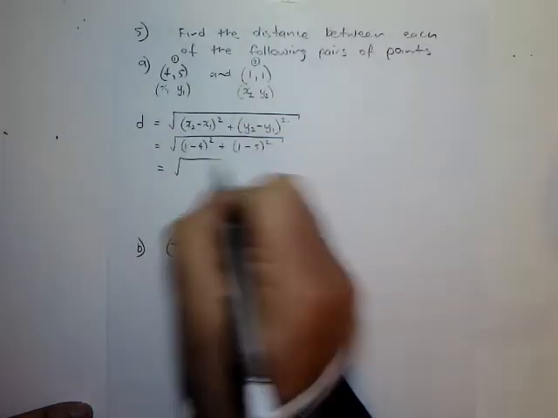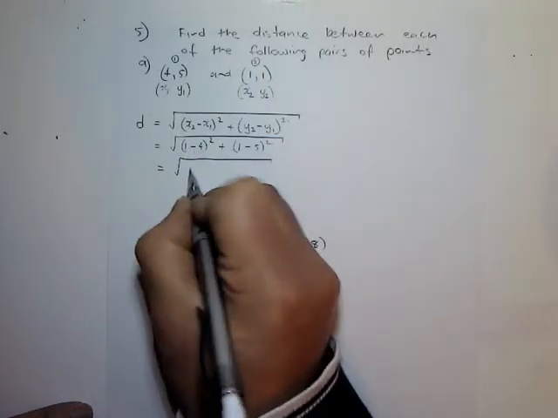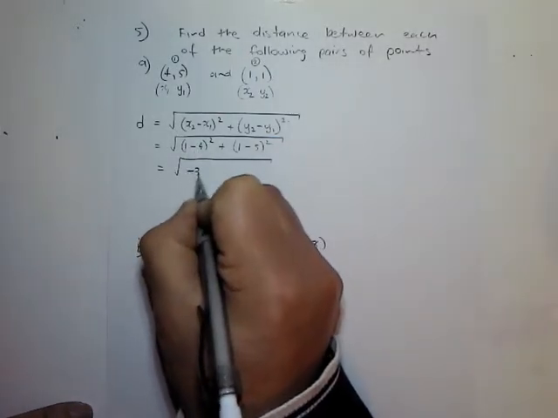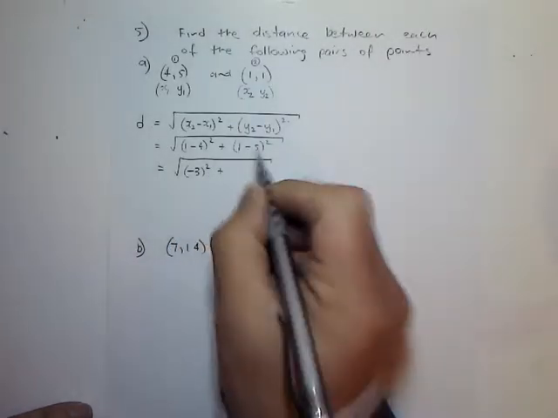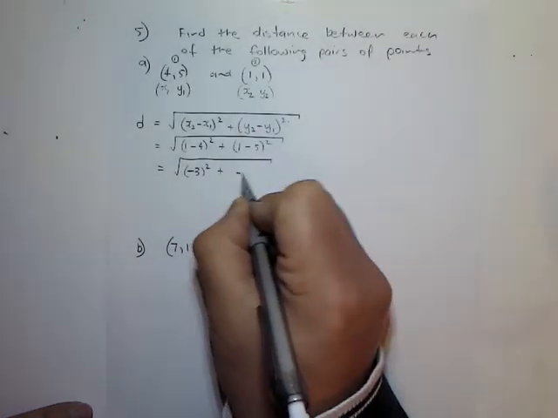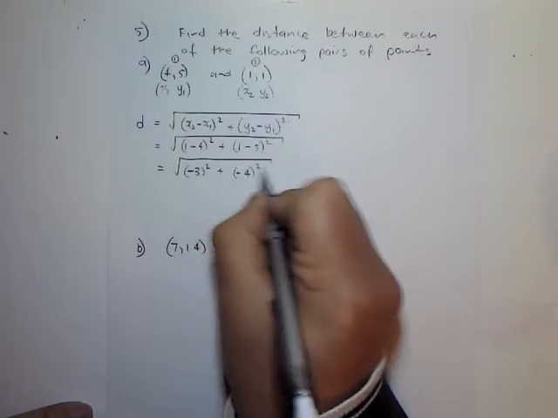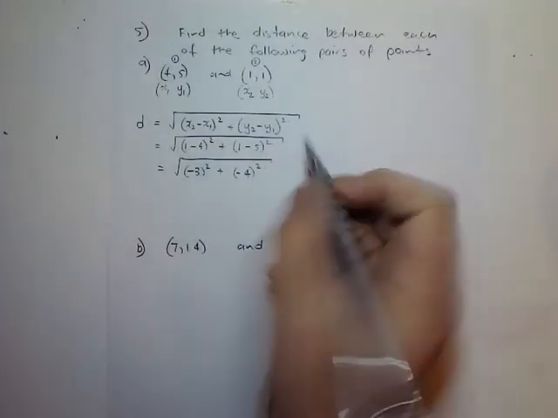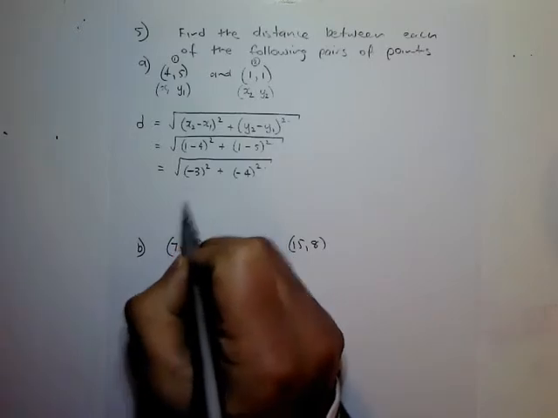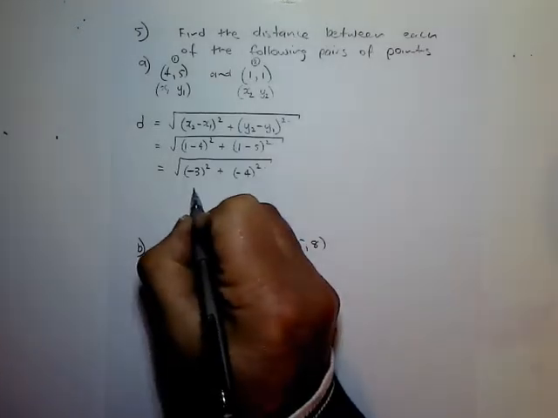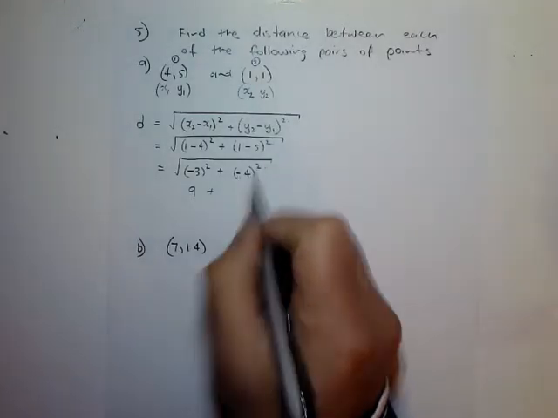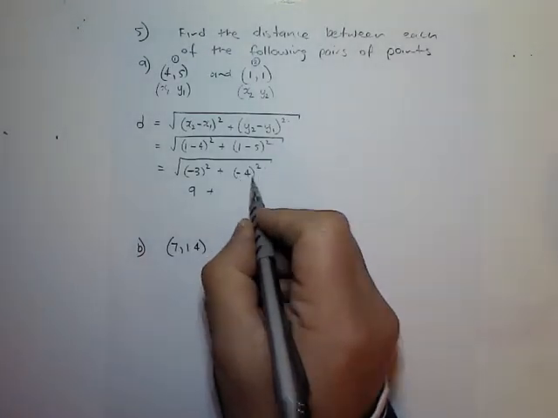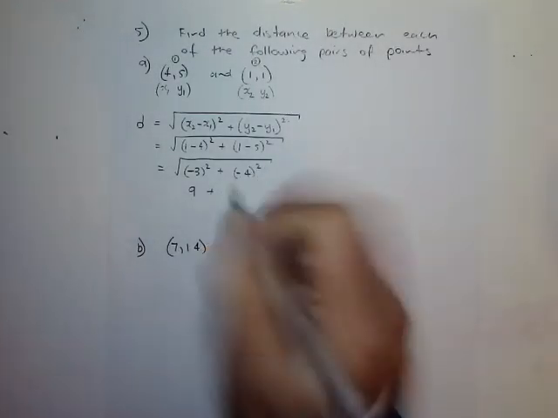So we are left with 1 minus 4 is minus 3, all squared, plus 1 minus 5 is minus 4, all squared. Minus 3 squared is minus 3 times minus 3, which is positive 9. Minus 4 all squared is minus 4 times minus 4, which is positive 16.